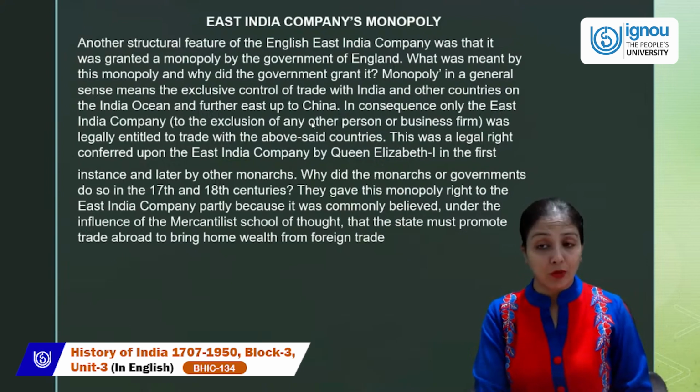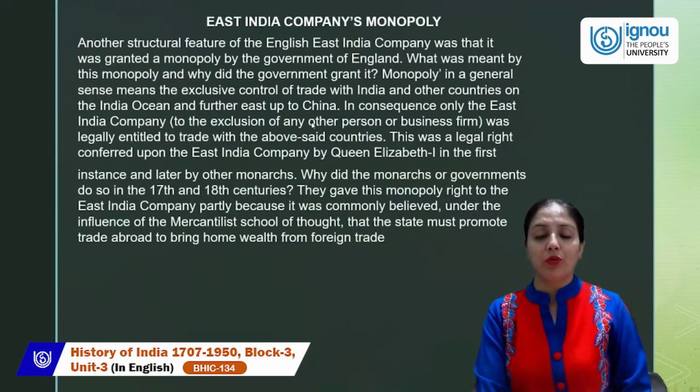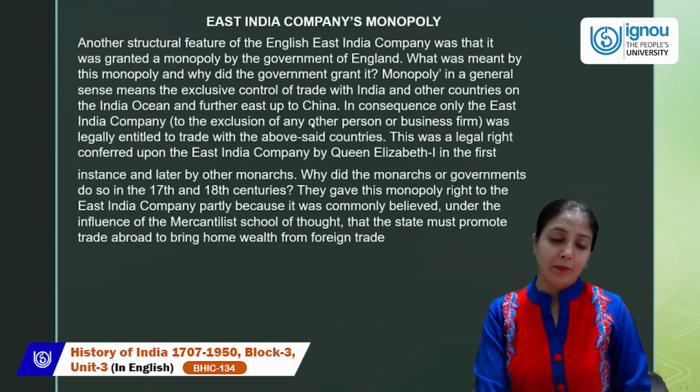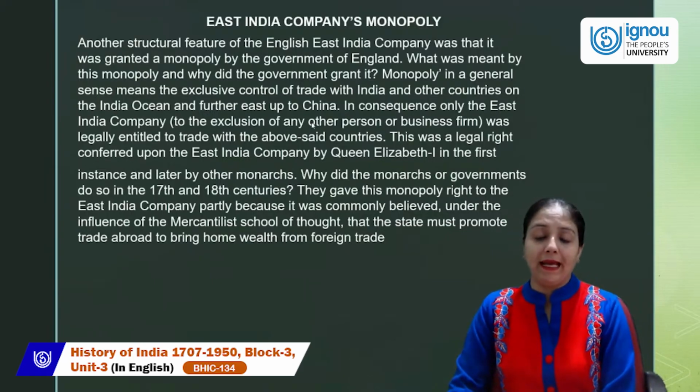They gave this monopoly right to the East India Company partly because it was commonly believed, under the influence of the mercantilist school of thought, that the state must promote trade abroad to bring home wealth from foreign trade. They extended their monopoly on trade.